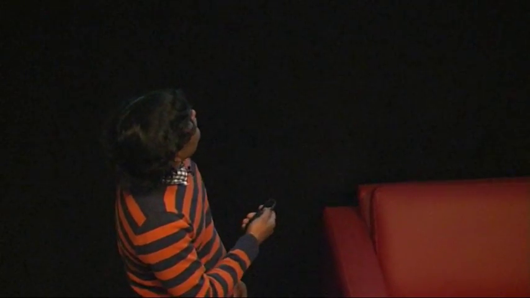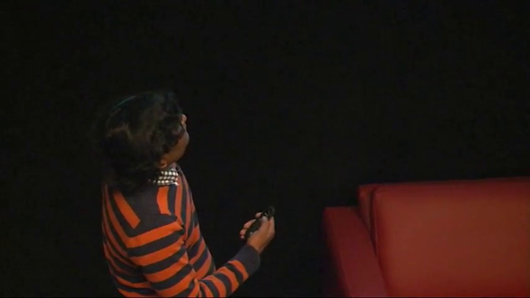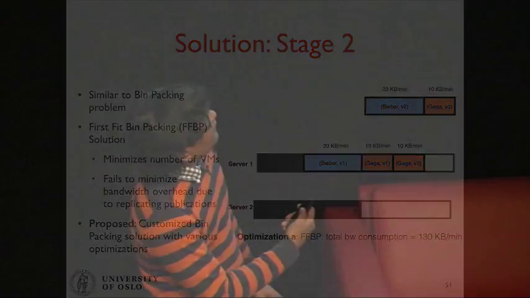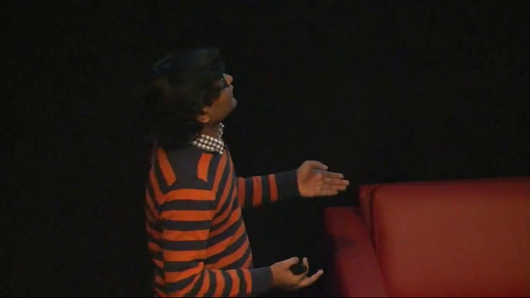If we just follow first fit bin packing, which is the most common bin packing solution, we allocate the topic subscriber pairs to the existing servers. Now you can see that the subscribers of both topics are split between the 2 existing servers, which means you have to replicate the events belonging to these topics to both of these servers. And this is the bandwidth overhead I'm talking about.